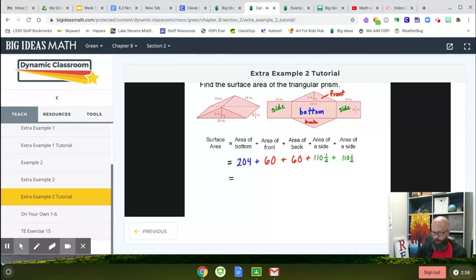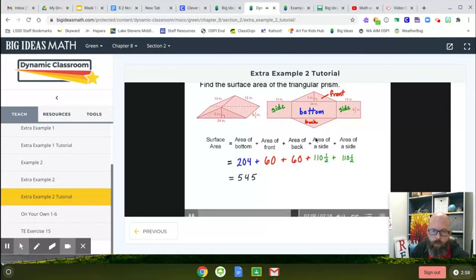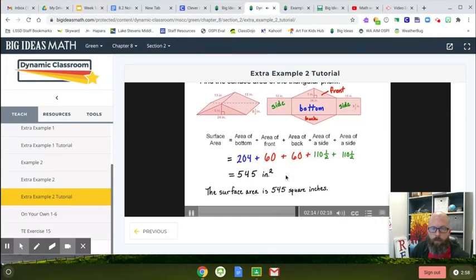Don't forget to include the units, which are square inches. So, the surface area of the triangular prism is 545. There you have it, 545 square inches.